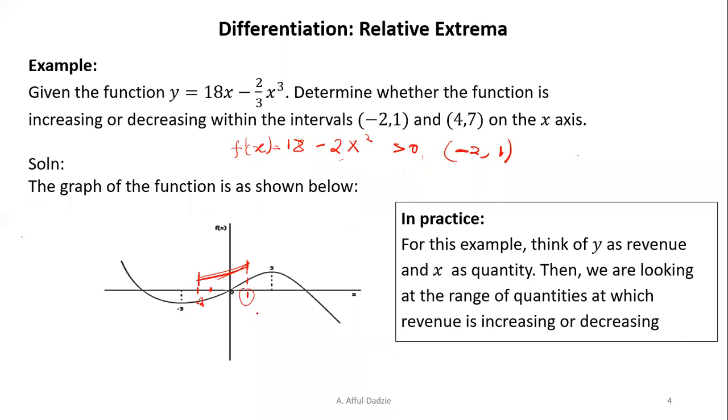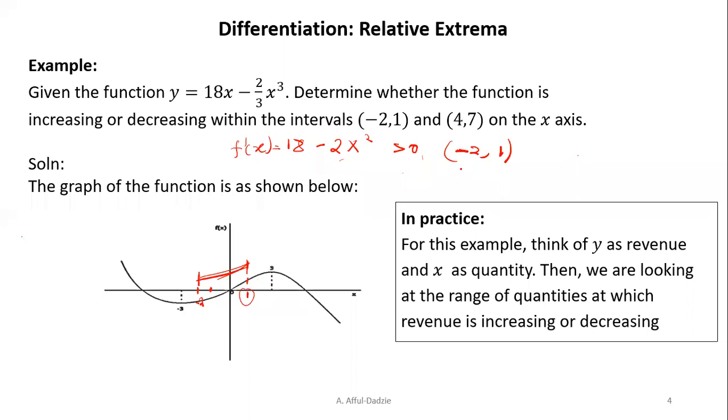But the smartest thing to do is to use the two ends of the interval, minus 2 and 1. If both ends give you something greater than 0, then there's no point in testing the values in between.